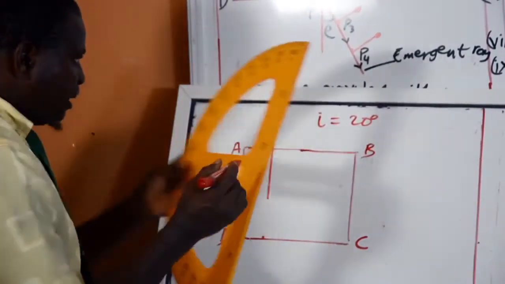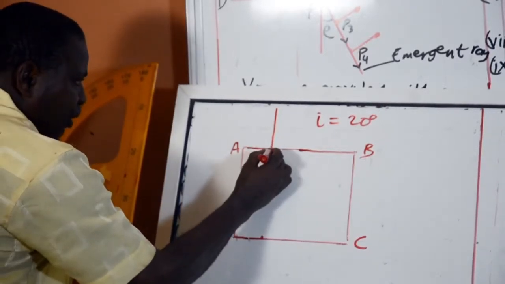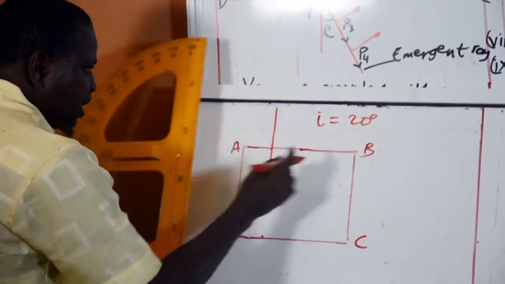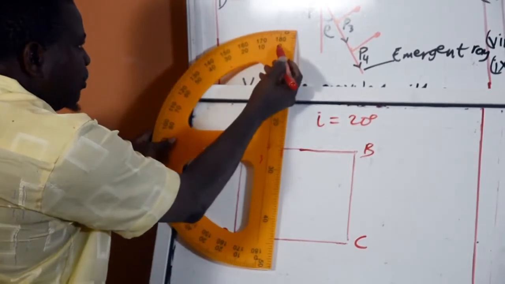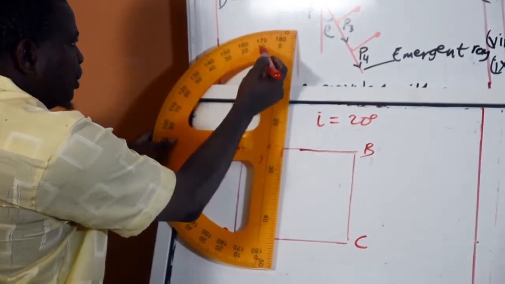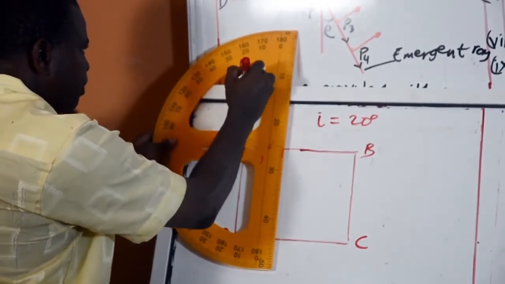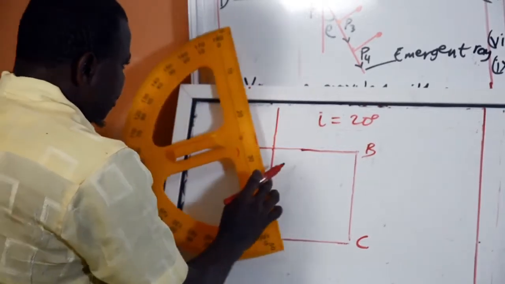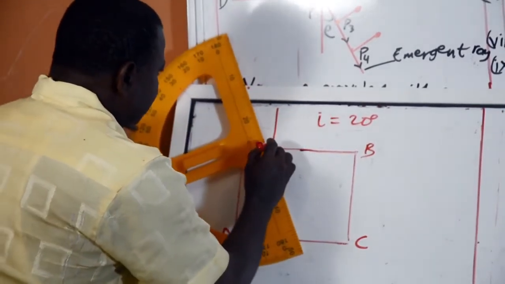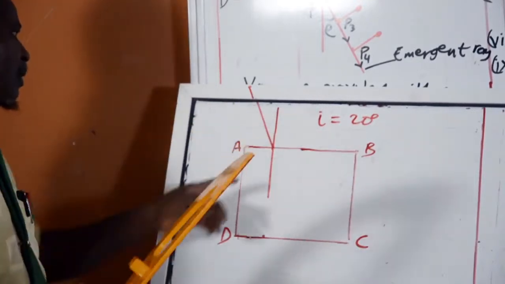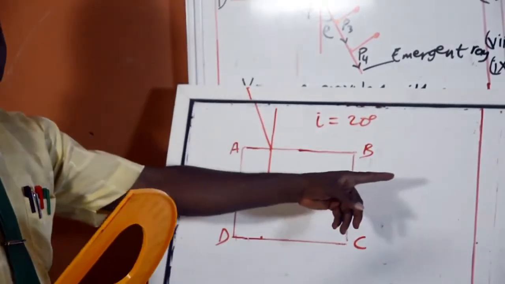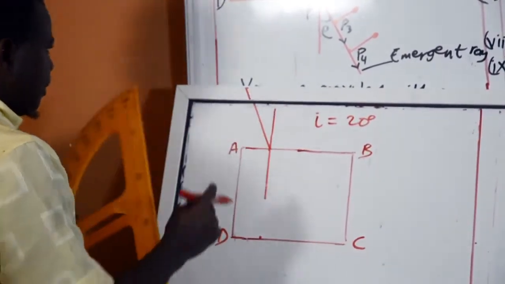The hole of the protractor should be on this point where the normal meets AB. So you now count on the bar 0, 10, 20. This is your 20.